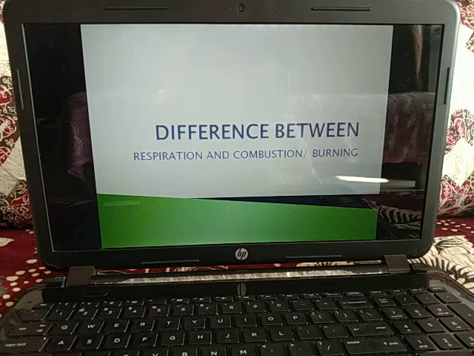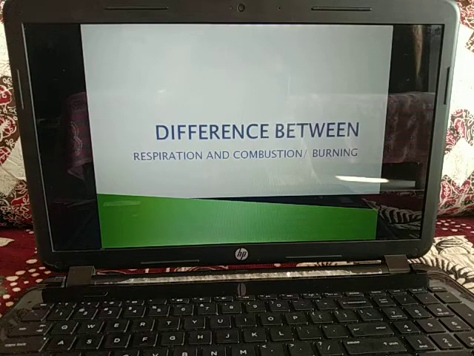Oxidation occurs at the end of the reaction; there is terminal oxidation between the reduced coenzyme and oxygen. The substrate is directly oxidized in combustion. A number of intermediates are formed in respiration, and they are used in synthesis of different organic compounds.